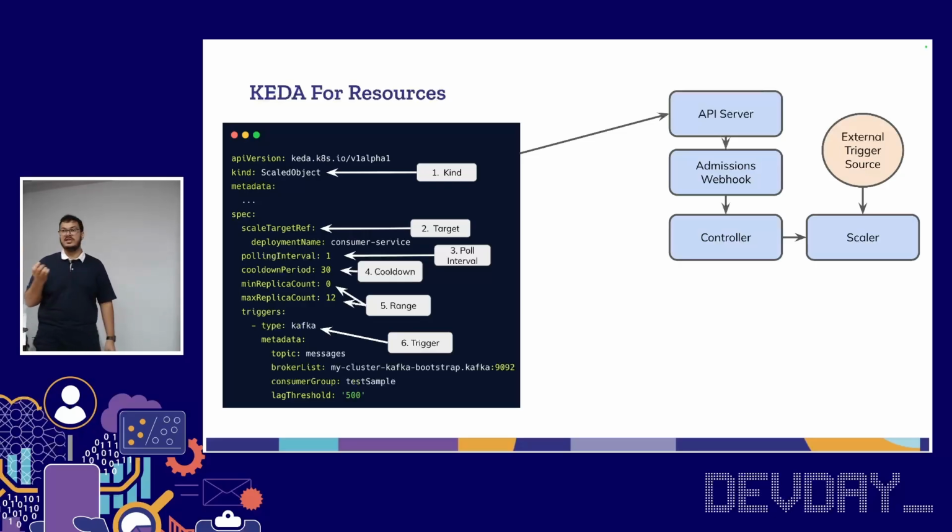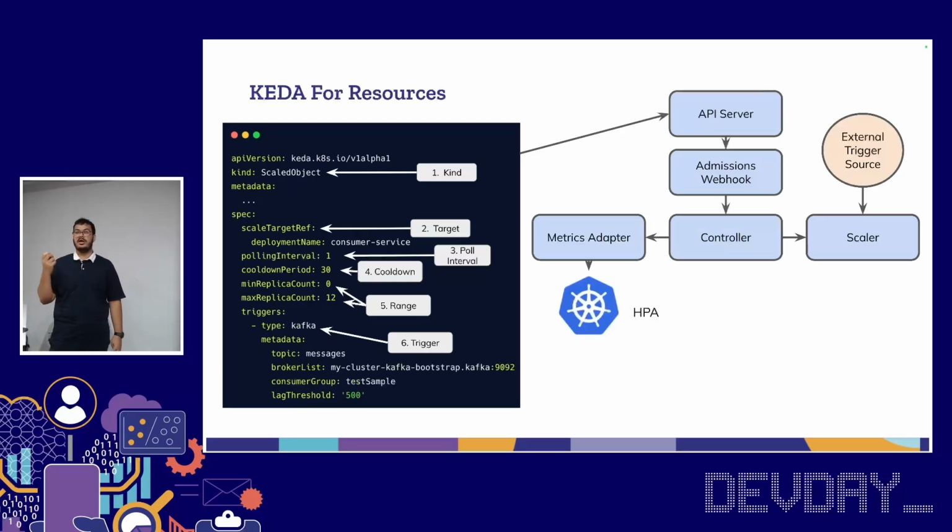And once it gets this metric value, it uses the translator to convert it into a format that the HPA can understand. The controller, again the brain, also creates the HPA for your scaled object. So it will create the HPA, translate that metric, and provide it to the HPA. And the end result is your workload is now scaling based on an external source. Here it's scaling based on Kafka. So that's how you would use KEDA for event-driven autoscaling.